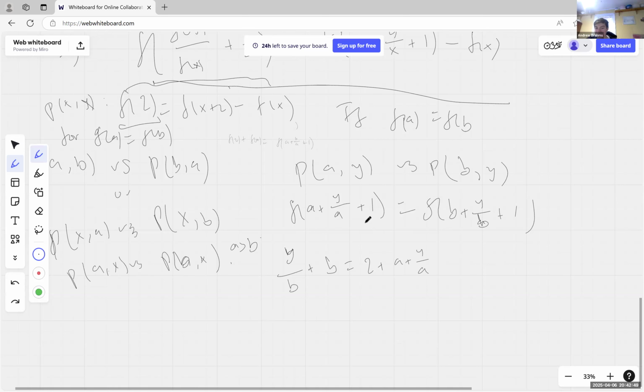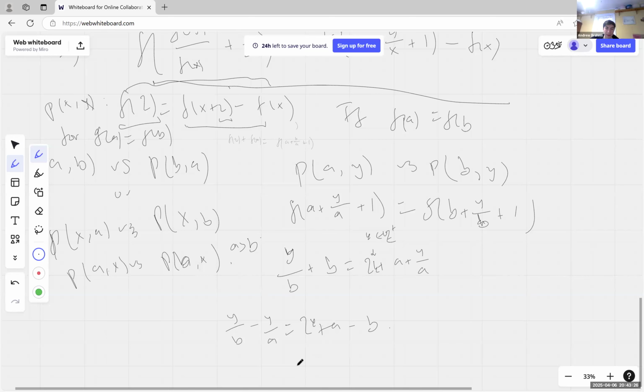So if we just manipulate this, we have y over b minus y over a is equal to 2 plus a minus b, or I guess we could just have this be 2k, because if you repeatedly plug this in multiple times, you would still get that this is positive. So we have this for some integer k.